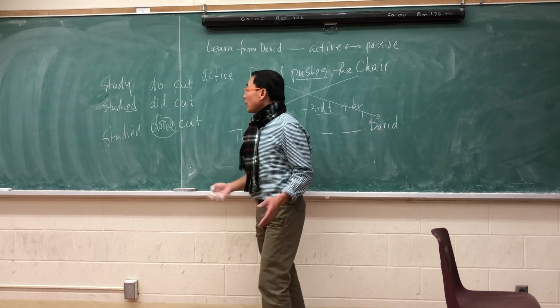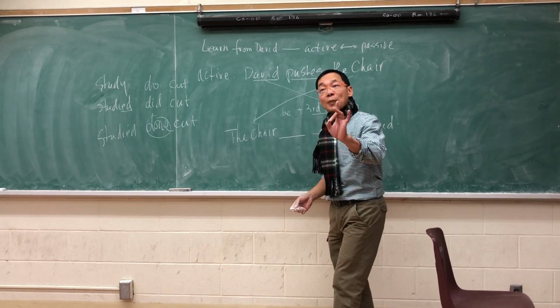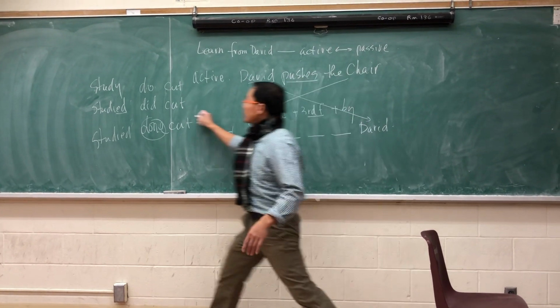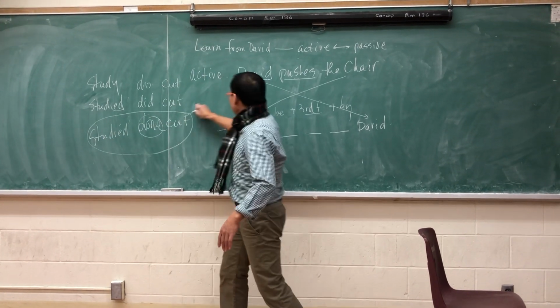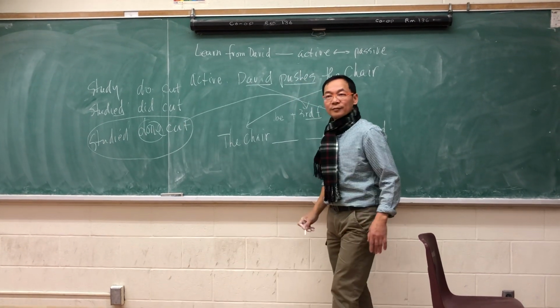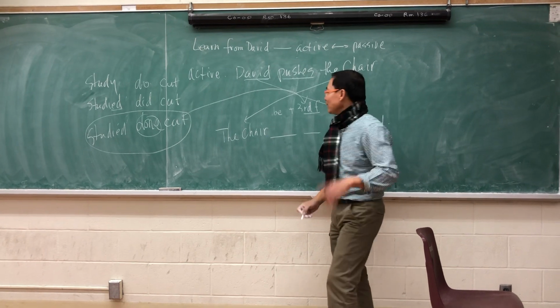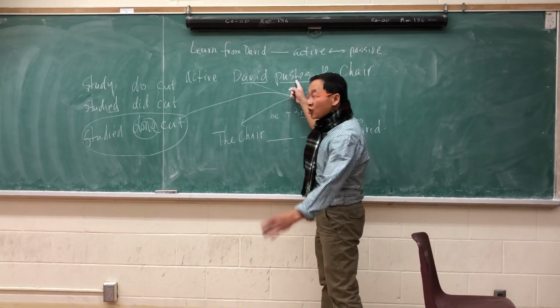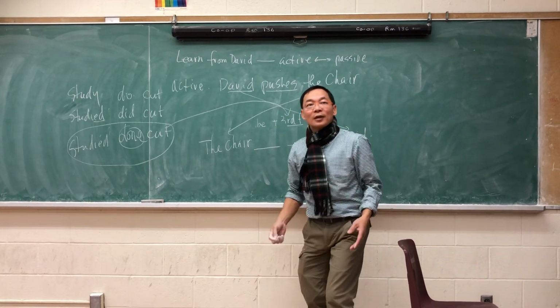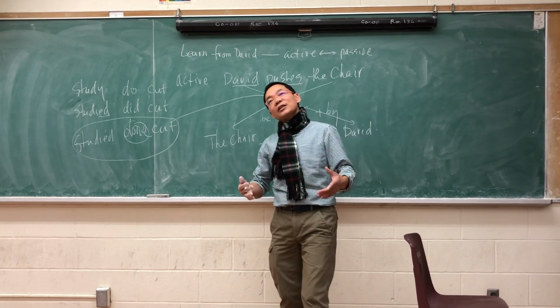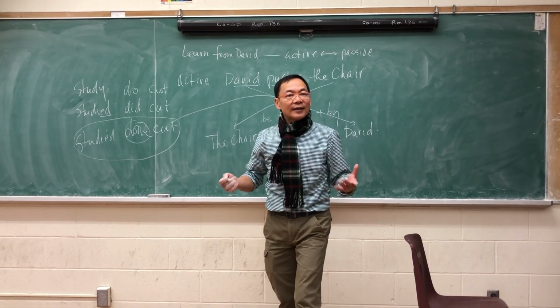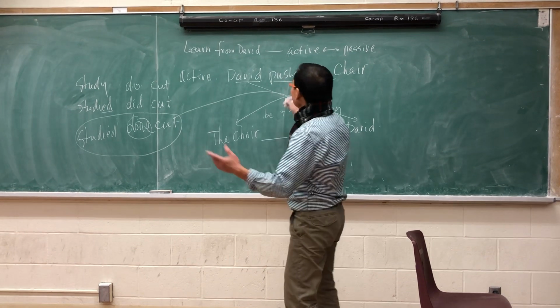But every time you use passive voice, always use this part. The third form. Use the third form, alright? As I just said, 95% of the verbs end in ed.